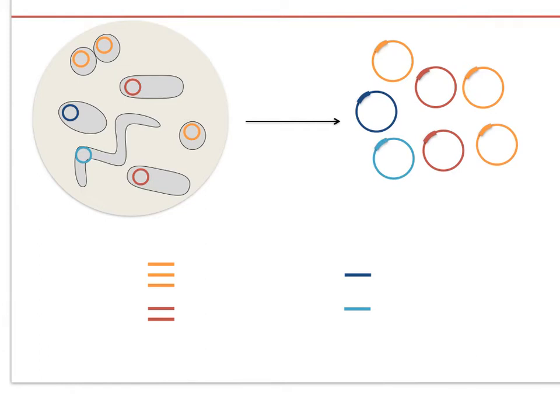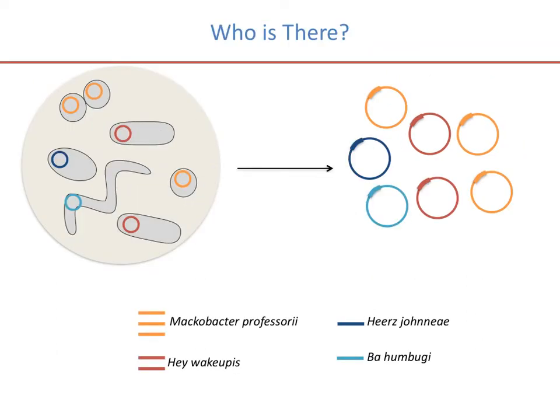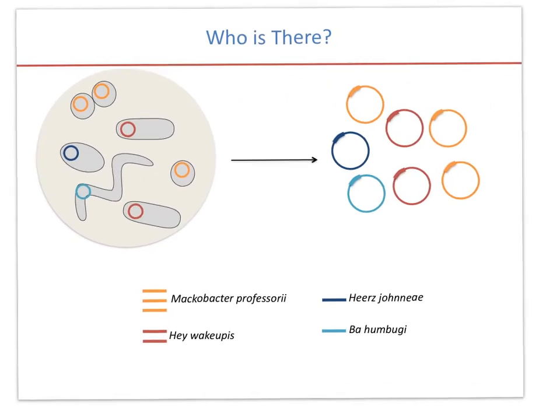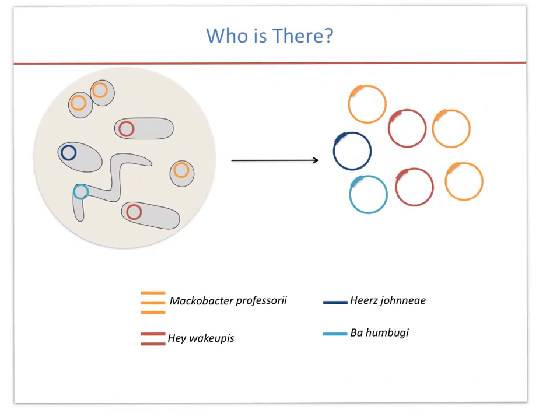So from this, we are able to get abundance and information about who's there. And we can then use the sequences that we generate to compare them to different databases, and we're able to make a functional assignment. We're able to say, okay, orange, if we look at a database, it's really, really similar to something we already know, so we're going to say that it's from that particular organism.